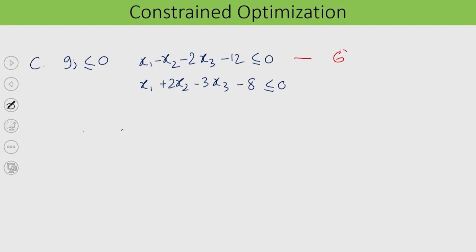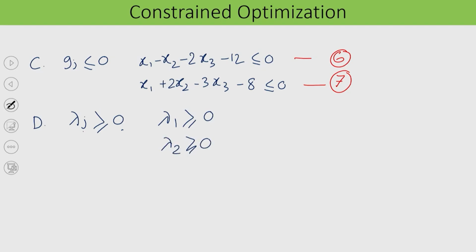So, this is 6 and this is 7. Now, if you apply the next condition, that is lambda j should be greater or equal to 0, I am getting lambda 1 greater or equal to 0 and lambda 2 greater or equal to 0. So, this is 8 and this is 9.